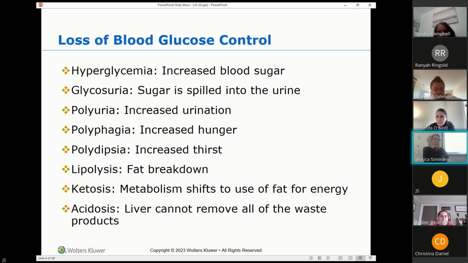Lipo is fats, so this is the fat breakdown. Ketosis is metabolism shifts to use fat for energy. And then acidosis, the liver cannot remove all of the waste products, so our bodies become acidic. We want to make sure we know the 3 Ps: polyuria, polydipsia, polyphagia.